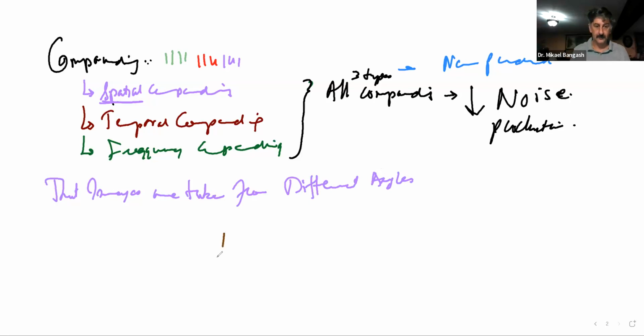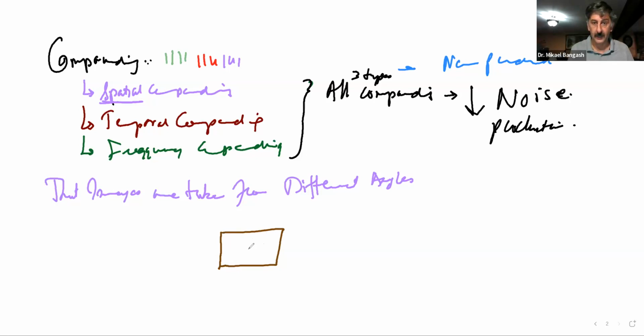Let's say we have an object here, the area that we are scanning. When using spatial compounding, it will scan this area from different angles.